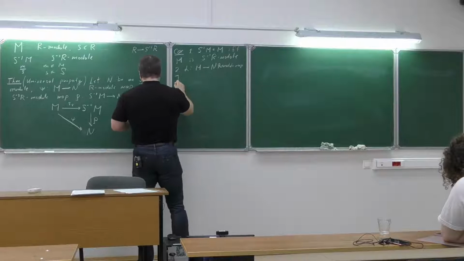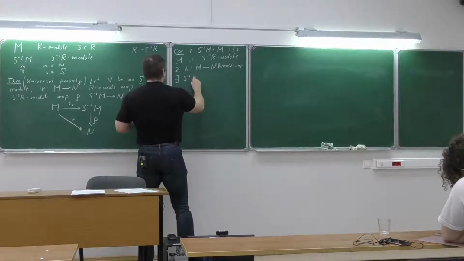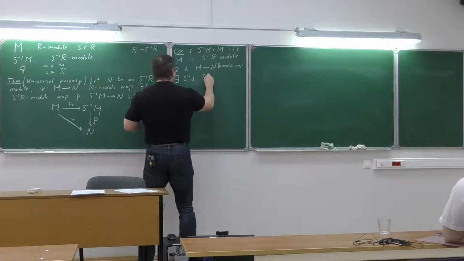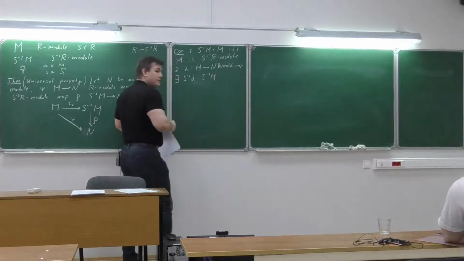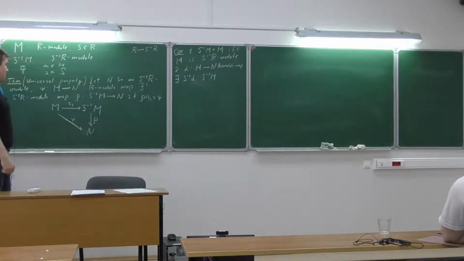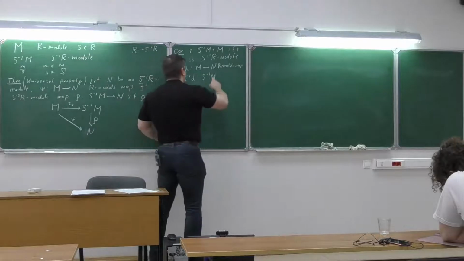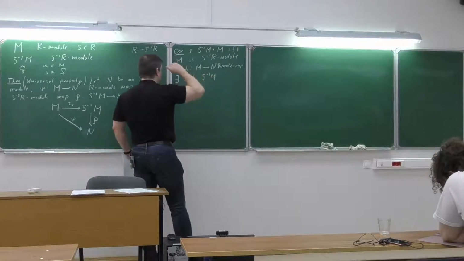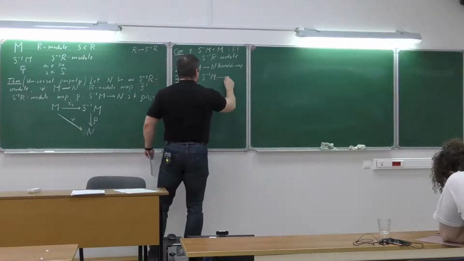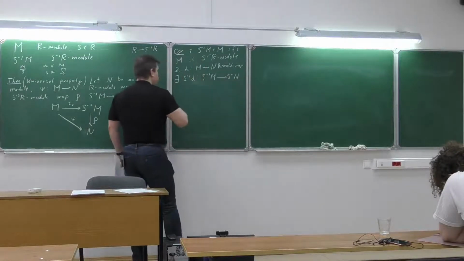then again there is a map which we can call localization of alpha. Check this, I'm not sure about the kernel. So for any map between two R modules, we have a map between localizations such that we have the following commutative square.